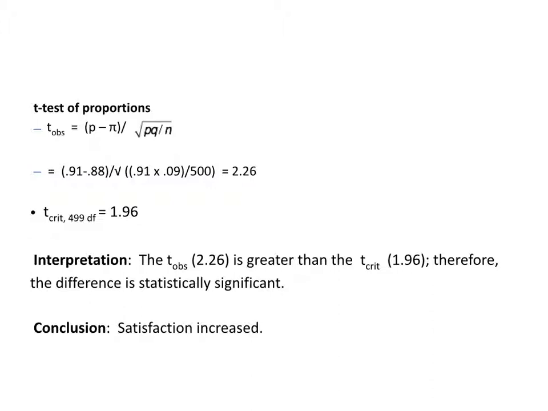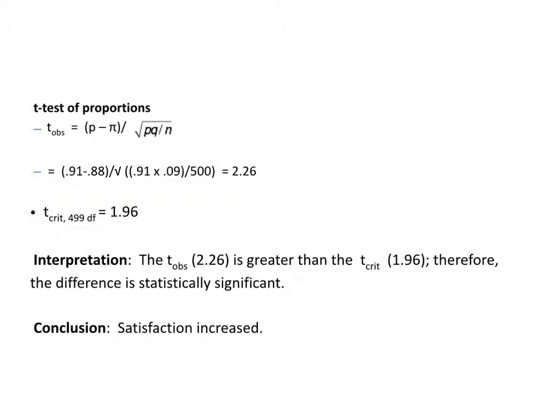So in this case, the pi value is 0.88, so we're presuming that the observed proportion of satisfied customers in the previous study is the true indication of the level of satisfaction. So we're comparing our sample of 0.91 versus that presumed population parameter 0.88.